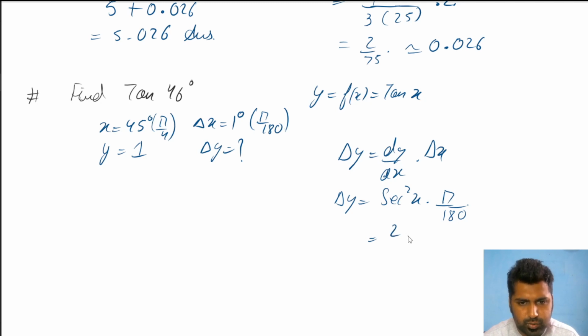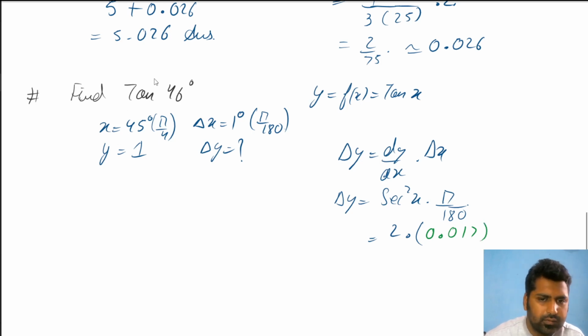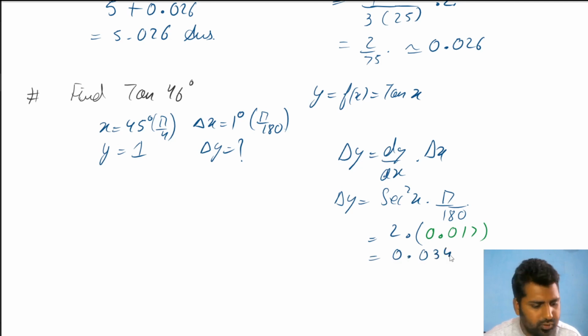Root 2 square is 2. 2 into, and pi by 180, you learn this value approximately 0.017. So that gives you 0.034. And now your answer will be as simple as y plus delta y.